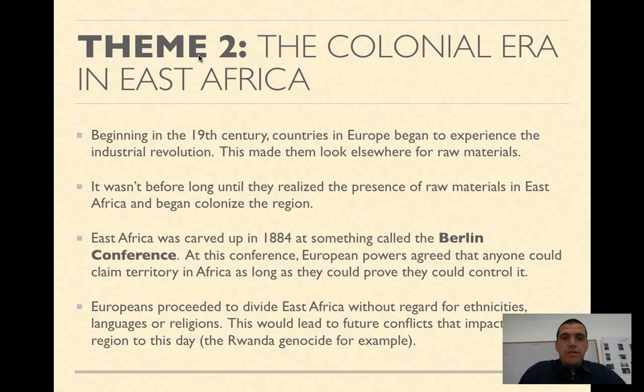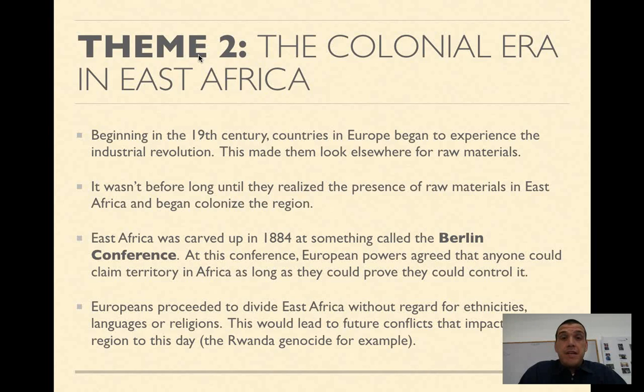So now what we can do is move into theme 2, the colonial era. So you have the Aksumite kingdom and other civilizations there, thriving throughout the centuries. However, the 19th century was not a good century for East Africa. Why?